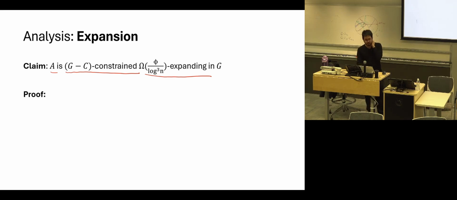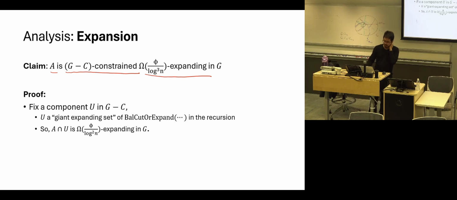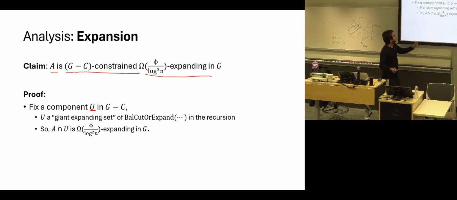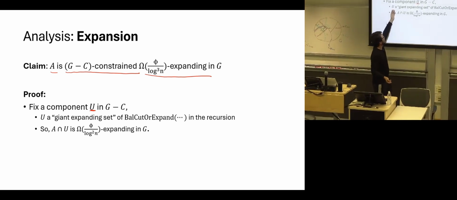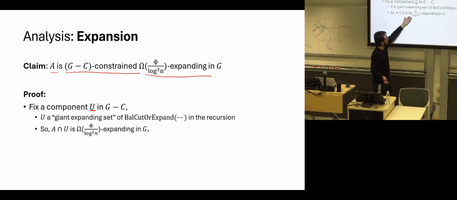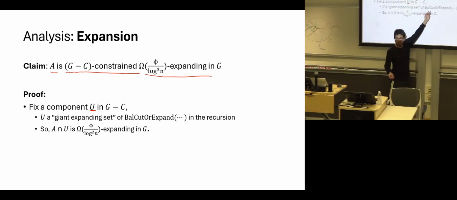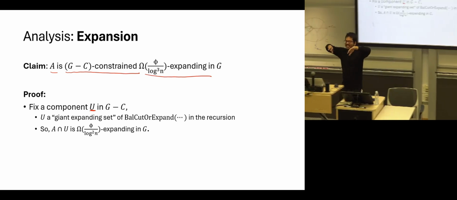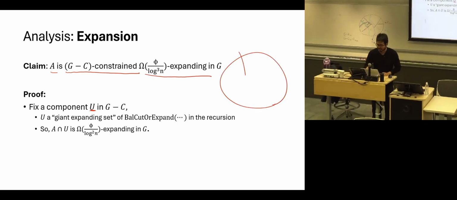Okay, so let's see the proof. If I look at each component U, when you return U as a component, U must be a giant expanding set in some call of your subroutine. Right? If you get a balanced cut, you would recurse.